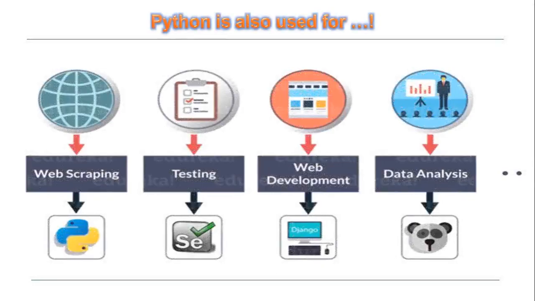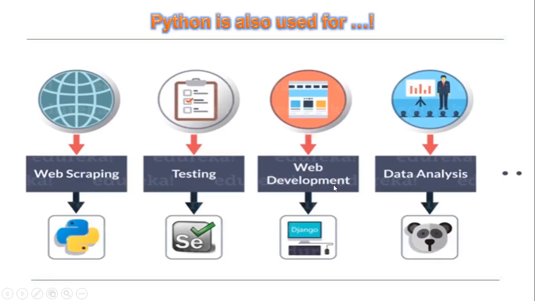It is also used for scraping the data from various websites and web sources. That is called web scraping. Scrape the data, bringing that data into your required form, which is data mining. You write the Python scripts for scraping the data from the web. And also we are using Python for testing purposes. In web development, we have various frameworks in Python which are all Python based.